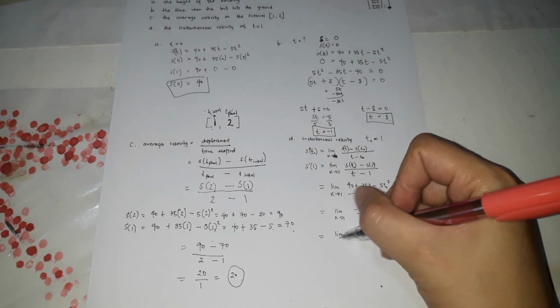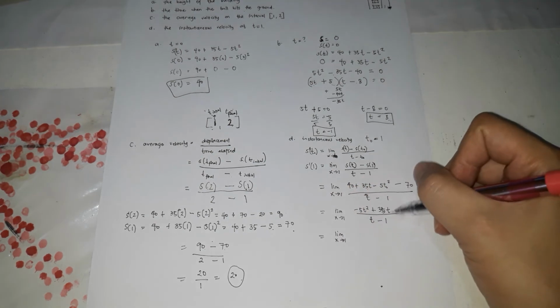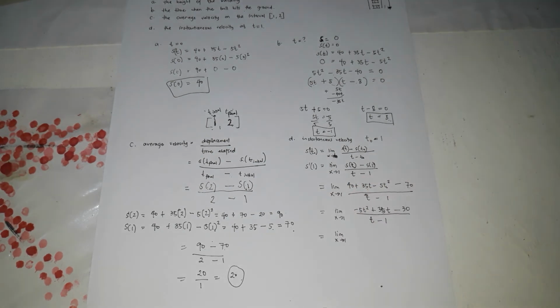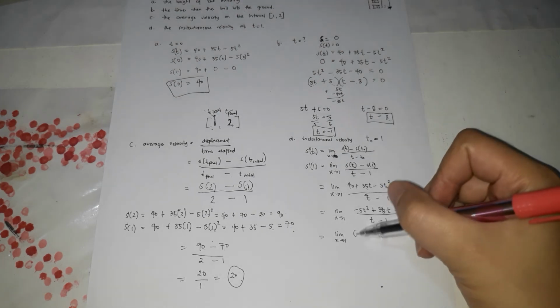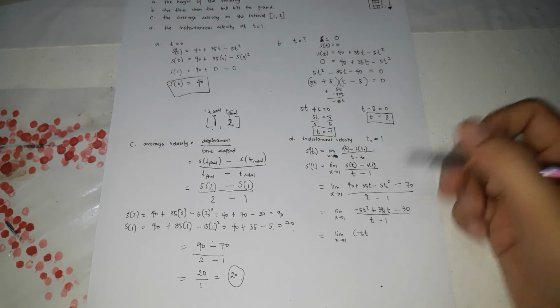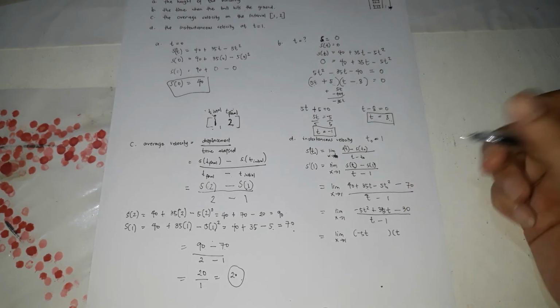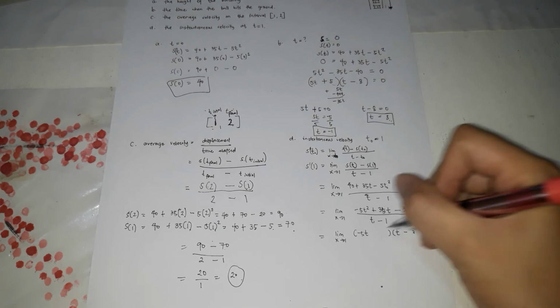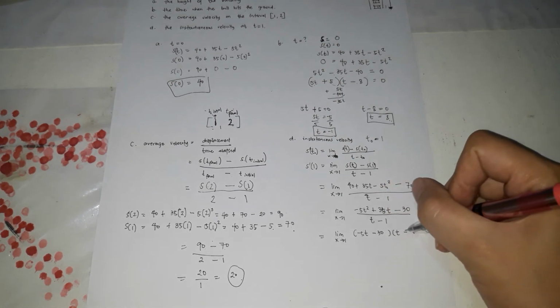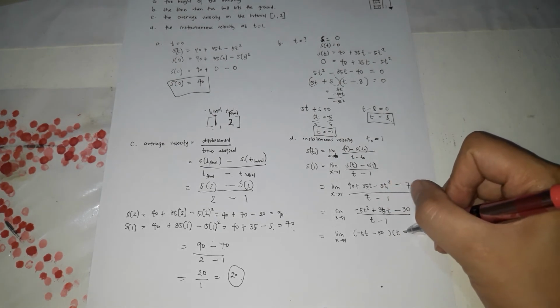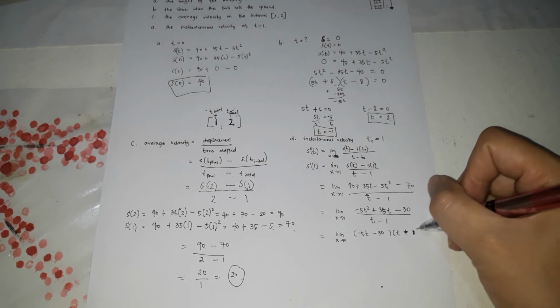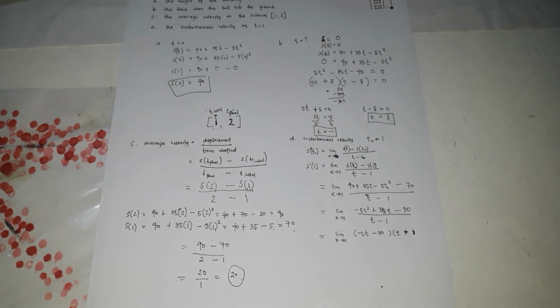After that, you simplify. Ito siyang rational expression. So to simplify, i-factor natin yung sa taas. It's negative 5t, at saka itong negative 30, positive 1.